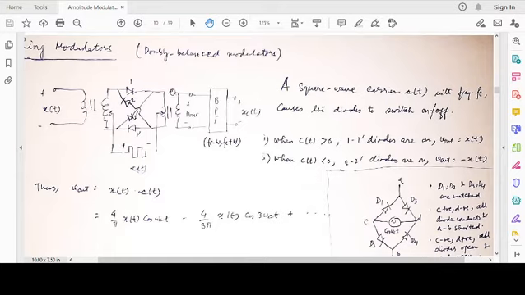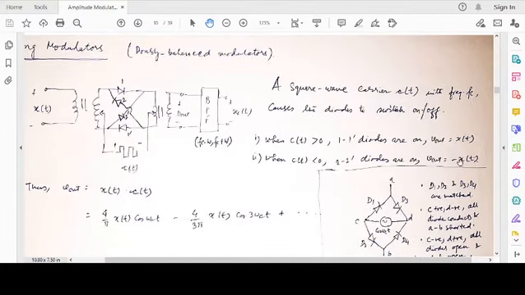You have a minus x(t) receiving here, which gets coupled to the output, the current flows like this, and it gets completed via diode 2 to the positive portion. So the output is just flipped. The output Vout is minus x(t). This is the most important operation principle of a doubly balanced modulator.